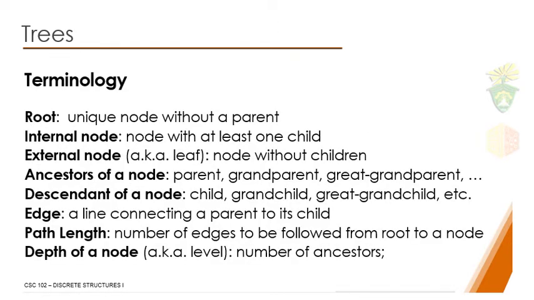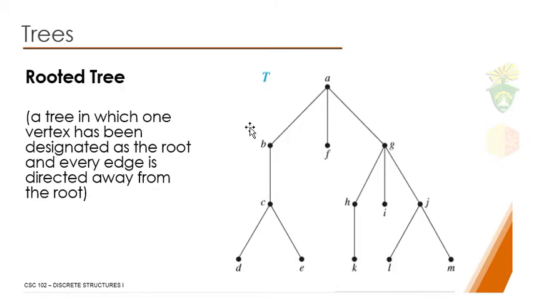Kung saan sila. So, in a tree, we have a root. It's the unique node without a parent. So if we will refer to this figure, for this tree, we have node A as our root. Kaya nag-iisang node niya nasa pinakaibabaw.